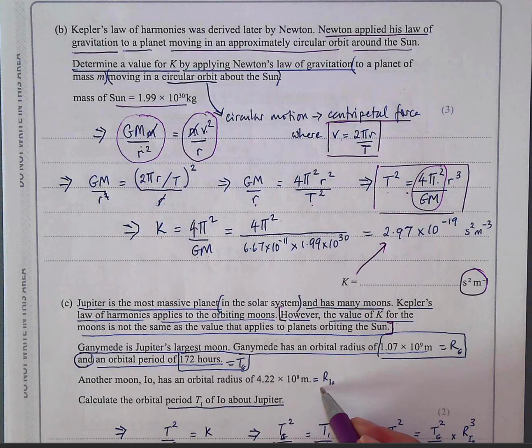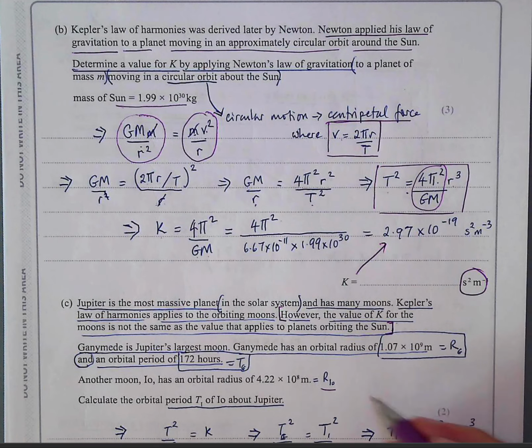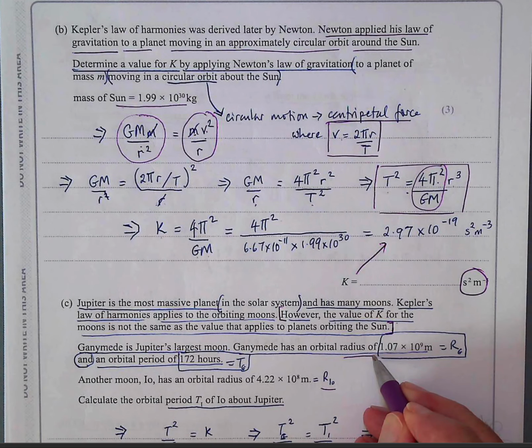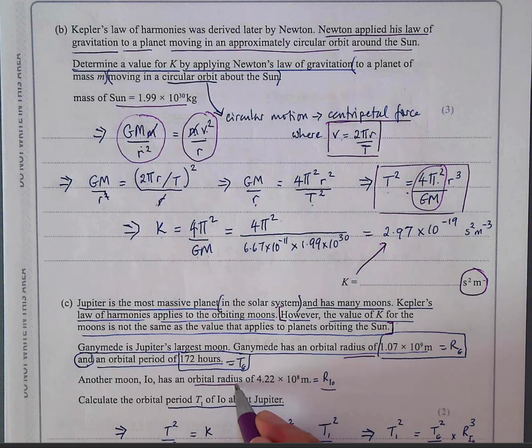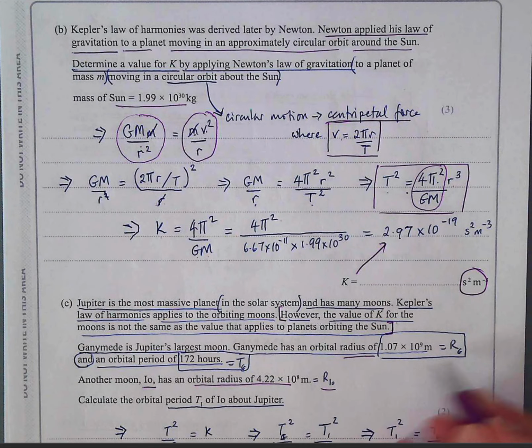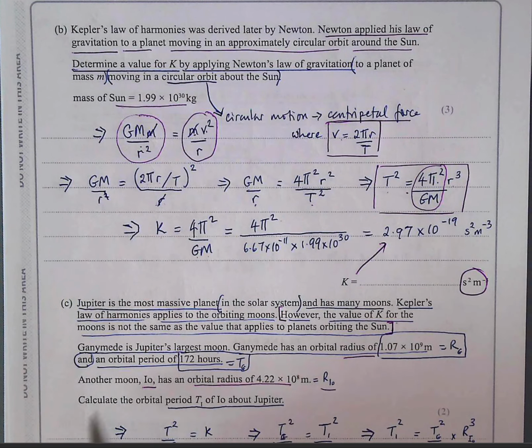So this time it's R of Io, so I've written I and O. So we have the orbital radius for Ganymede and the orbital radius for Io. Okay, so we have three values, two radii and one period. They want you to calculate the missing period of Io about Jupiter.